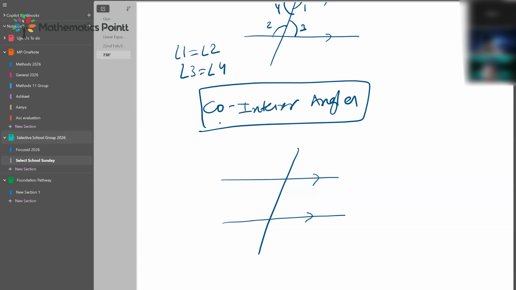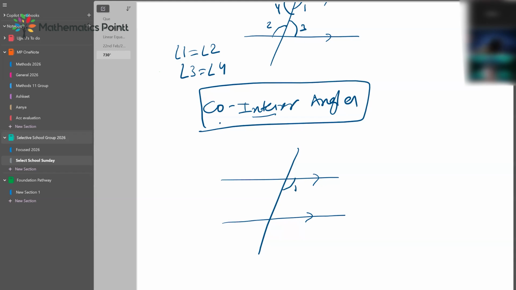All right. Next one. Co-interior angles. Now, co-interior angles are not equal. First of all, let's understand what co-interior means. Co means together, on the same side. Interior means inside.